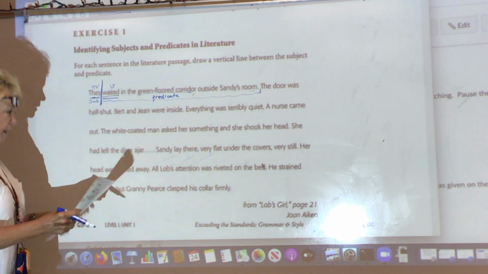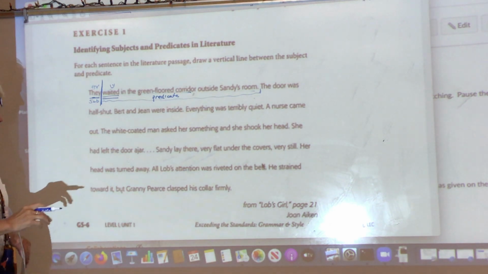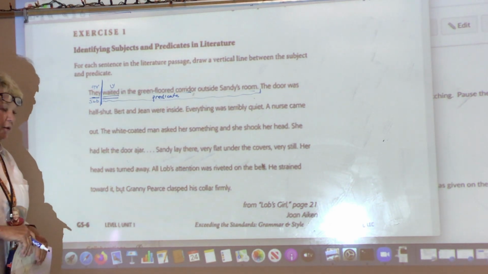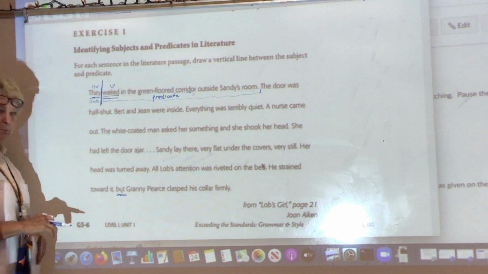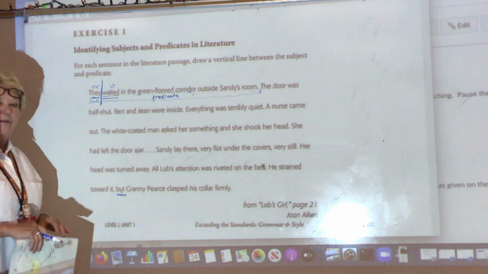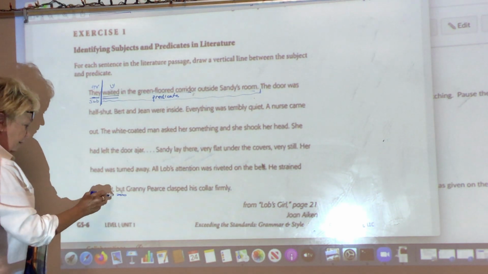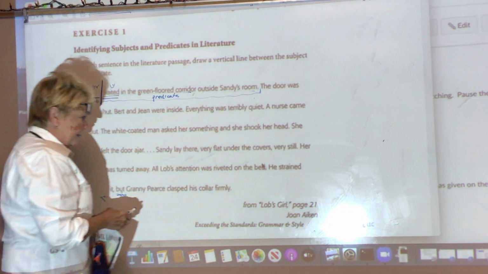Now, there's kind of a tricky one down here, and I want us all to jump down and try this one. He strained toward it, but Granny Pierce clasped his collar firmly. This is the important word right here, but it is one of the fanboys. It is a conjunction. Basically, on this side of that conjunction, we have a complete sentence.